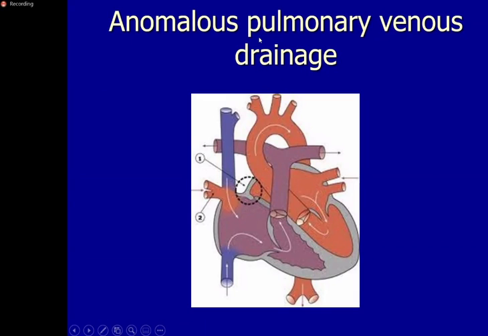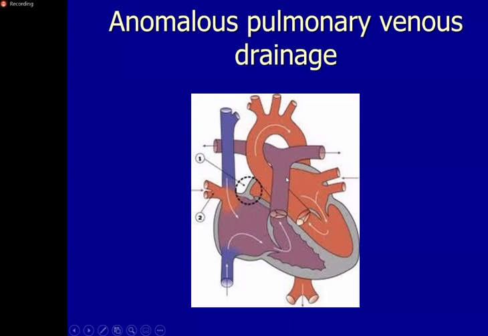It is just simple English. What do you think? There's a problem in the pulmonary venous drainage, sir. Pulmonary veins drain to the wrong place. Two of the veins drain into the right atrium.